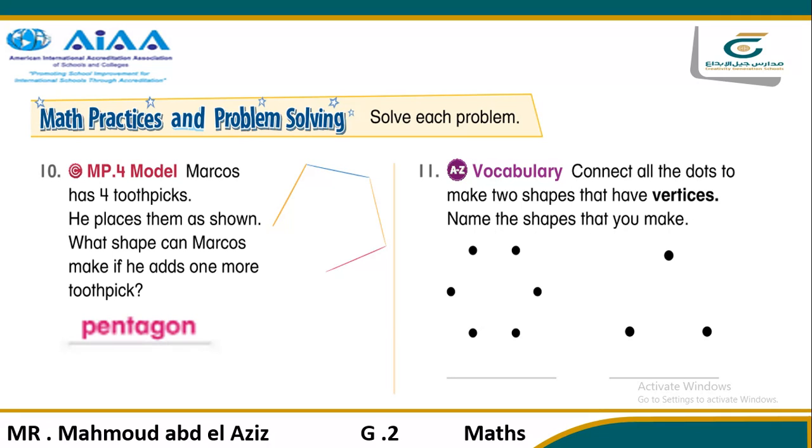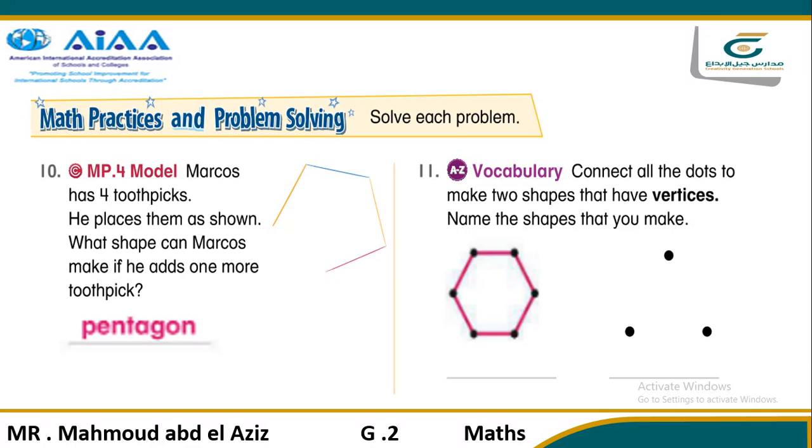Connect all the dots to make 2 shapes that have vertices. Name the shapes that you make. The first one here, if you connect all the dots like this, you will have a shape. What is the name of this shape? Let's count how many sides we have here. 1, 2, 3, 4, 5, 6.